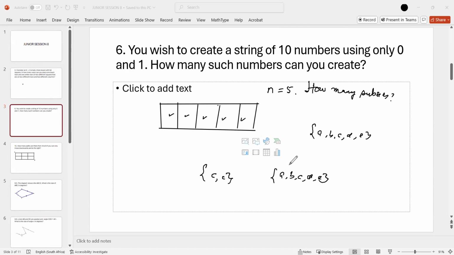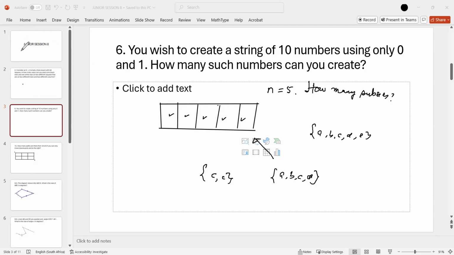So what happens is each subset corresponds to a ticking of these boxes, right? If I didn't have E, for instance, if I had just A, B, C, D, then I would have had that thing.